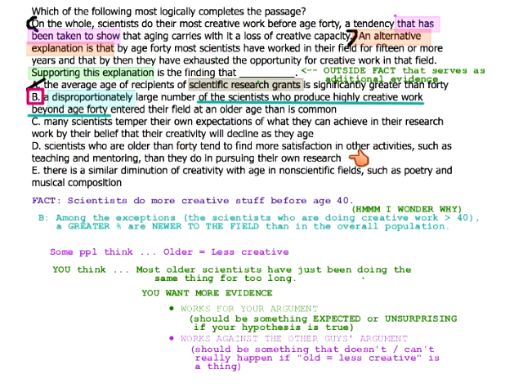This says the scientists who are older than 40 tend to be more satisfied by doing things like teaching and mentoring. So this might explain it if it was something like they don't do as much research, or they don't put their heart into it quite as much. But notice that this would go against both of our arguments.